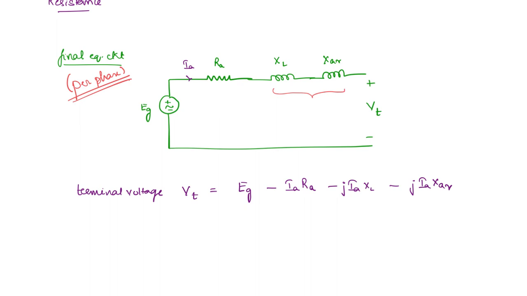And another thing that you can see here is we have 2 inductors in series. So what will be the equivalent inductance or the equivalent reactance? This is going to be equal to the leakage reactance plus the reactance due to armature reaction. The sum of both of these we call the synchronous reactance.